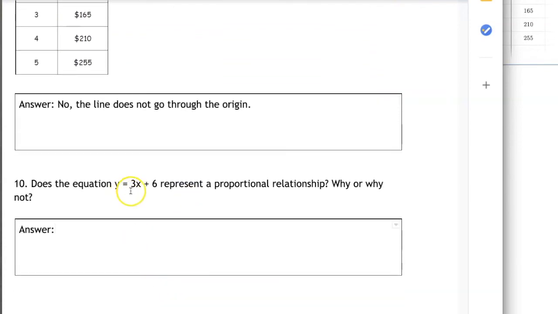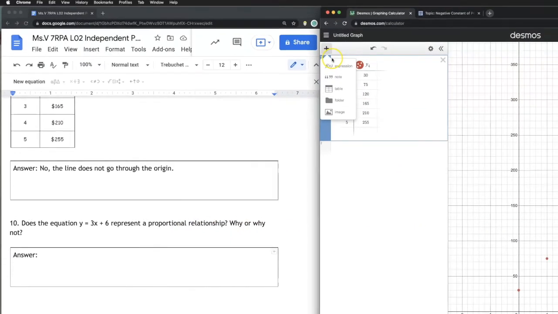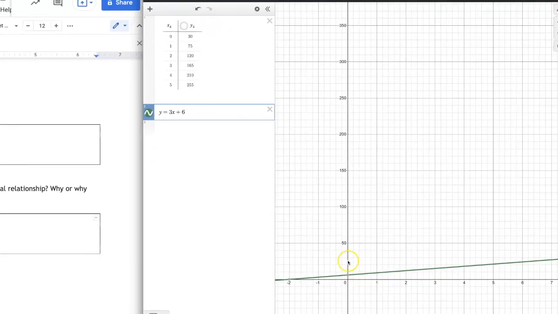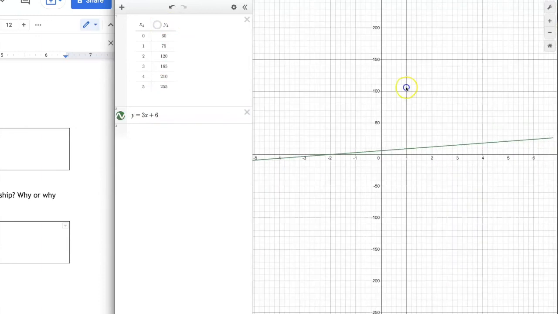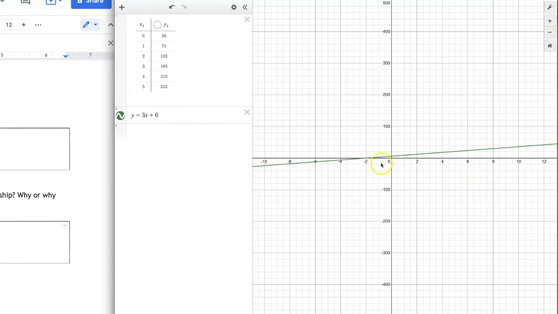Does the equation y equals 3x plus 6 represent a proportional relationship? Why or why not? So let's look at this one where it says f of x expression, and we're going to type in y equals 3x plus 6, and let's turn that one off, and we can kind of zoom out here, look at this graph, and it is not going through 0, 0, it's going through something above 0, 0.